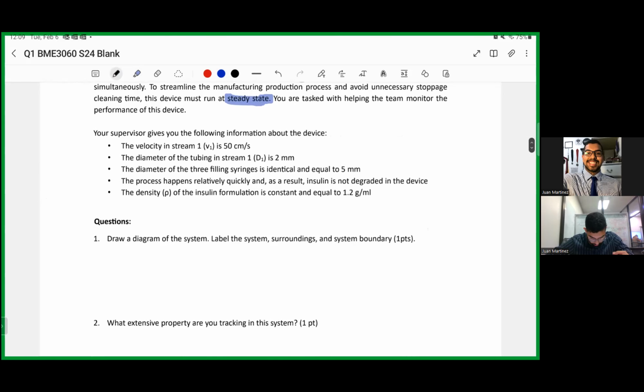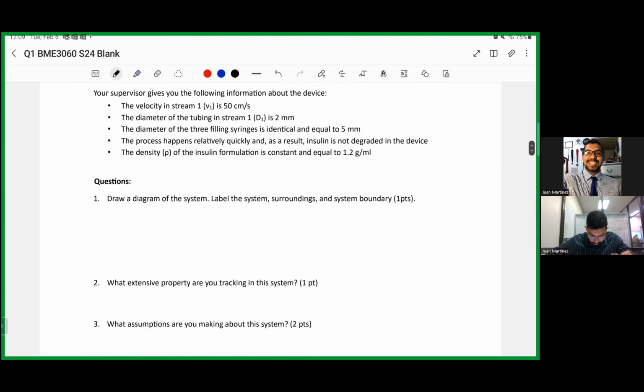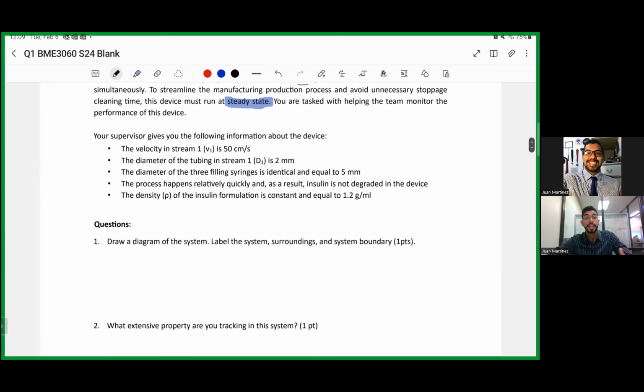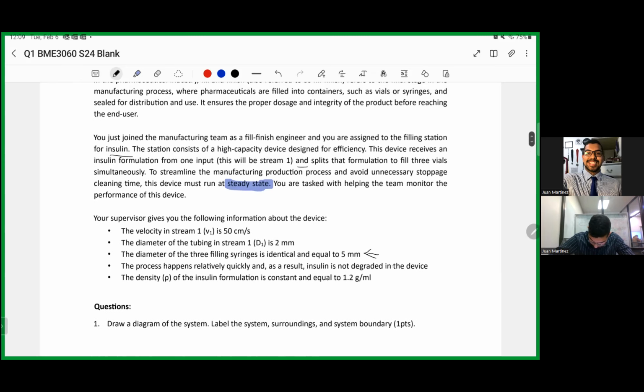Okay, so we have the velocity of stream one, and the diameter of the three filling syringes are identical. Hey, that's important, because saying that it's identical, and also saying that it splits, means that whatever we're getting in the first stream, sorry for the noise, I'm in Barcelona right now, people are screaming, it's going to be split into three streams of the same size, which means that intuitively we know the mass of those streams is going to be equal, or the sum of the output mass is going to be the same as the input.